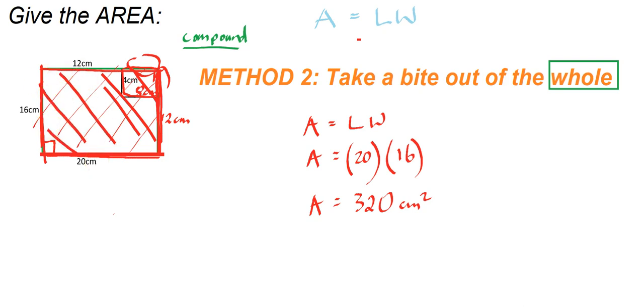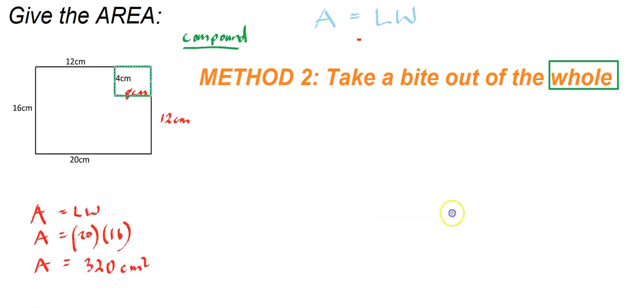Okay, however, remember, we need to take a bite out of that whole. And here is the bite right here. And we need to remove that, whatever that's worth, from 320. So let's go and do that now.